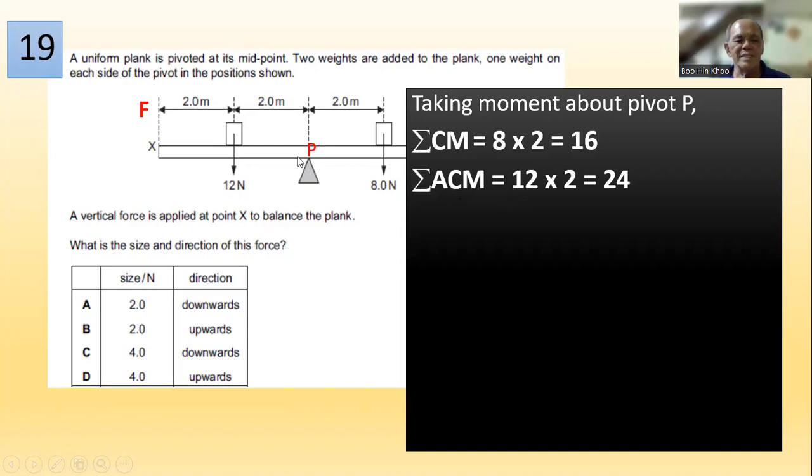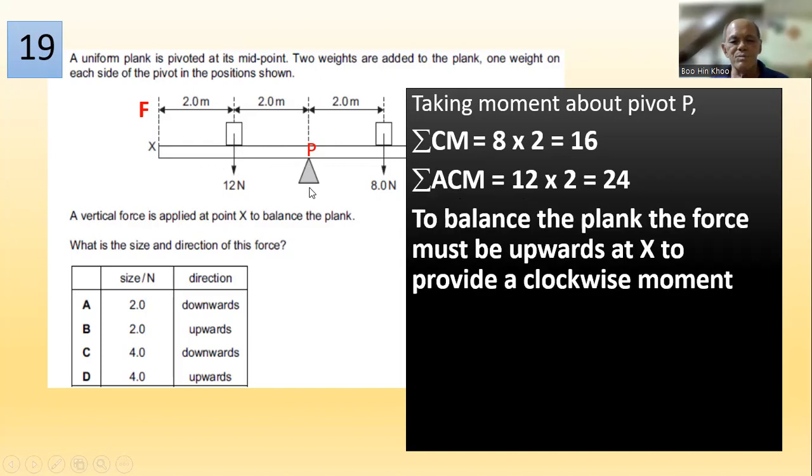Sum of anti-clockwise. Because we are going to calculate the force, not the moment, anti-clockwise is just your 12 times 2. So to balance the plank, the force must be upwards at X. Anti-clockwise is greater, so you want clockwise. For a clockwise moment, sum of clockwise equals sum of anti-clockwise.